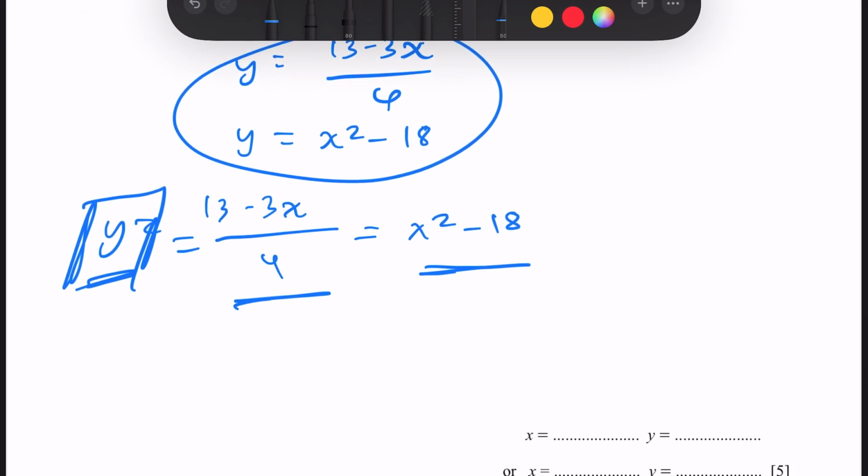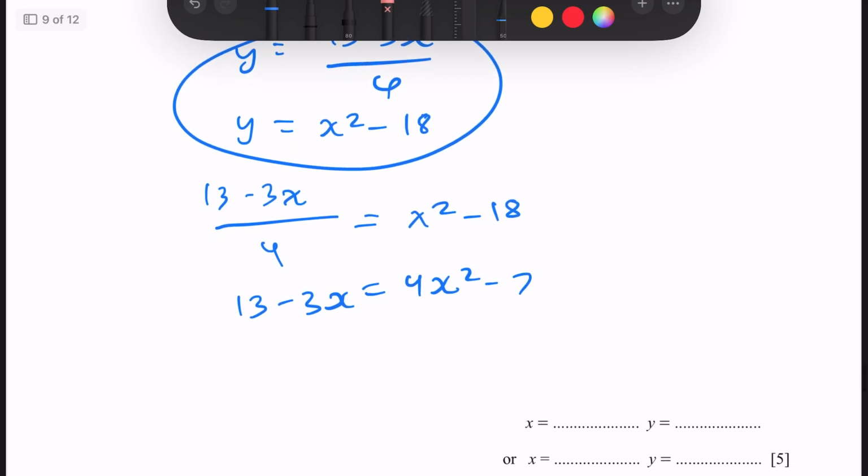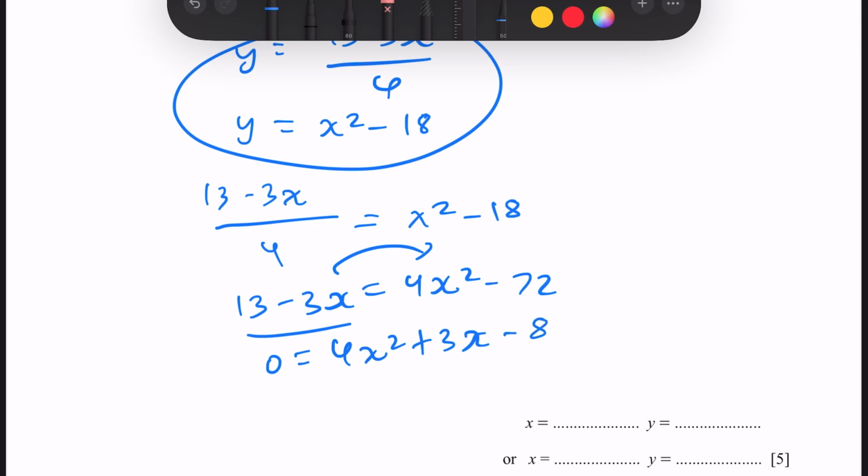So if we erase y in this case and try to find the x values, 13 minus 3x is equal to 4x squared minus 18 times 4, which is equal to 72. If you move these terms to this side, 0 is equal to 4x squared plus 3x minus 72 minus 13, which is equal to 85.